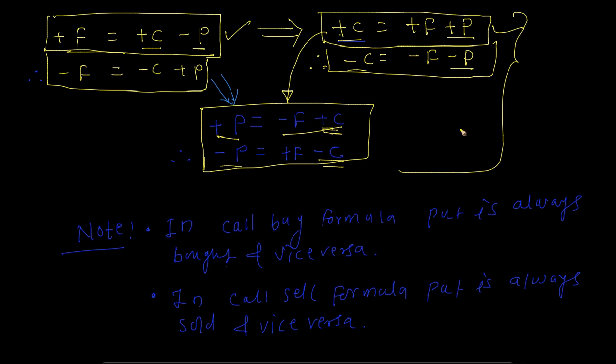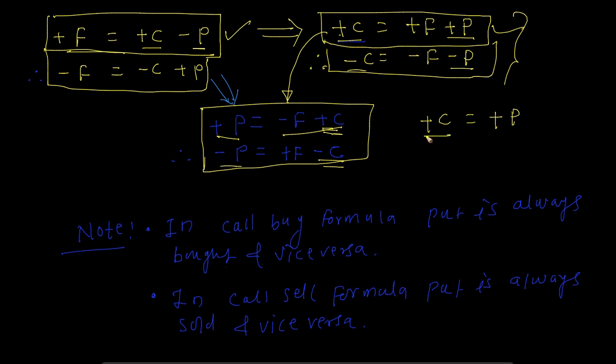That means if I want to make a formula for call buy, plus C is equal to, you have to buy the put, that is for sure, right? Now what about future? Call buy means your view is bullish.